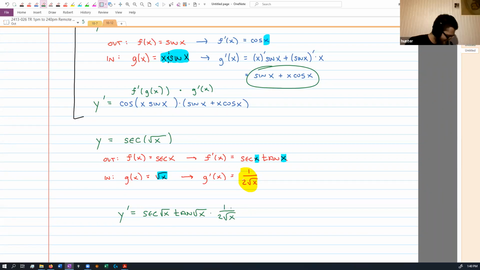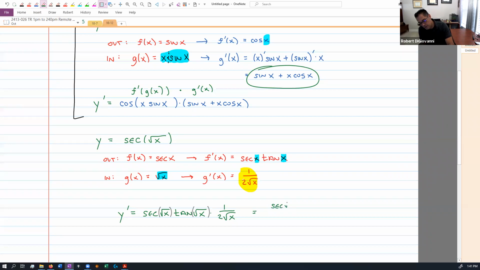Yeah. So be careful here because this cannot happen, right? You cannot cancel that root x. That is not okay. This root x is trapped in the tangent. This root x is trapped in the secant, right? So maybe the most you could do here is rewrite it like this: secant root x, tangent root x over 2 root x, like that would be okay.